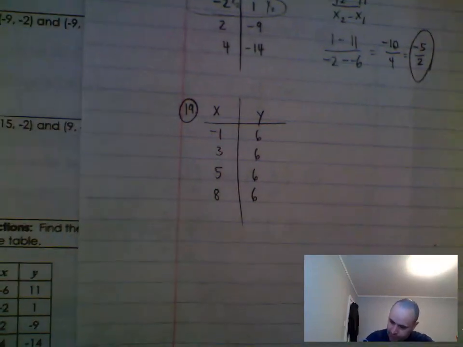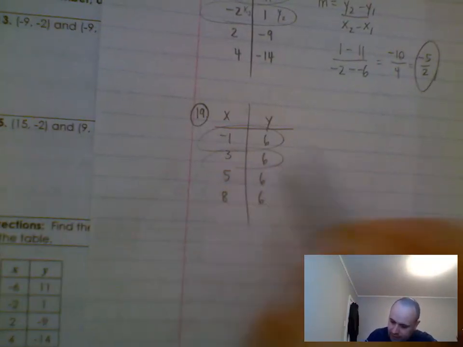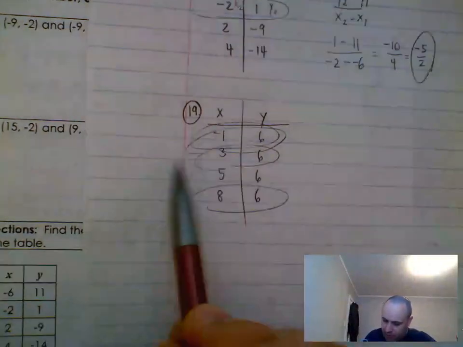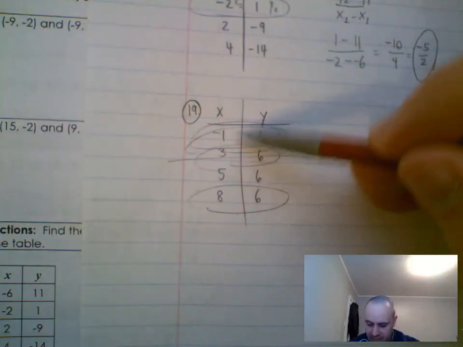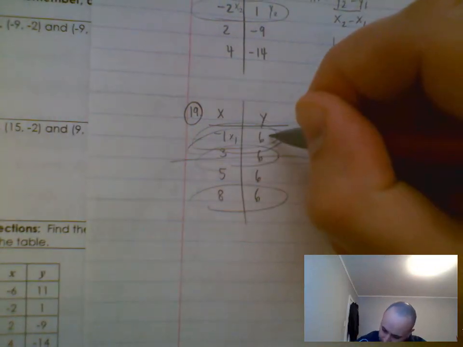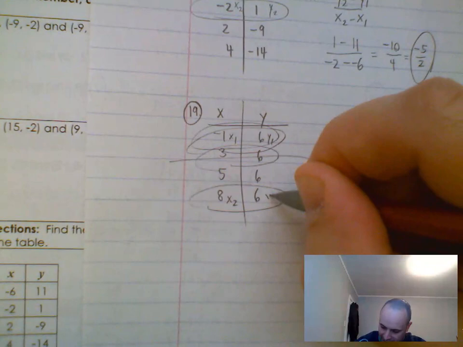All right, so when you're back with me here, I'm going to pick this one and this one, and let's see if I come up with the same. Hopefully you pick these two and we'll see if we come up with the same thing. So this is x1, y1, x2, y2.